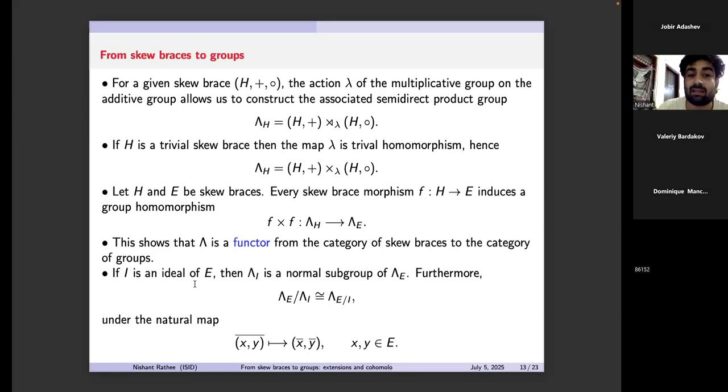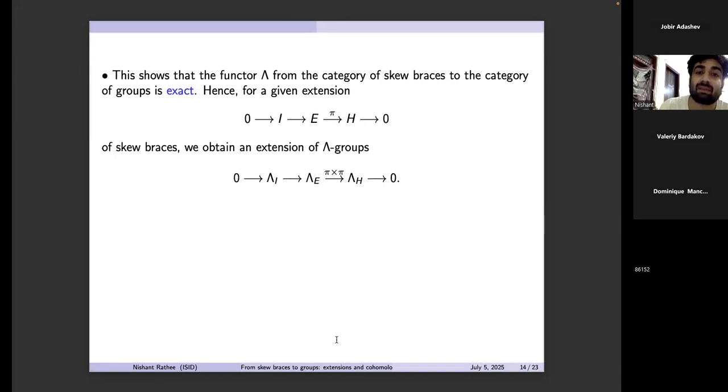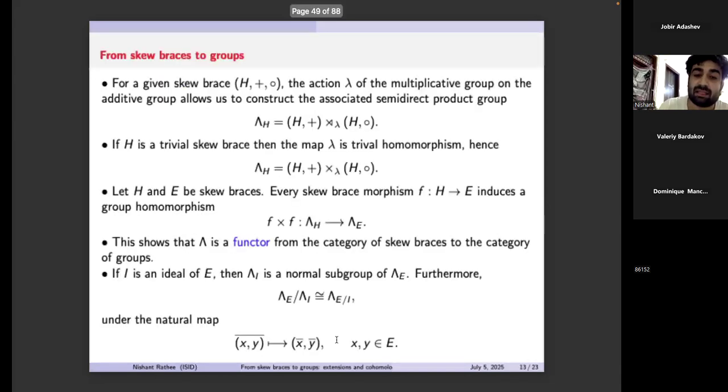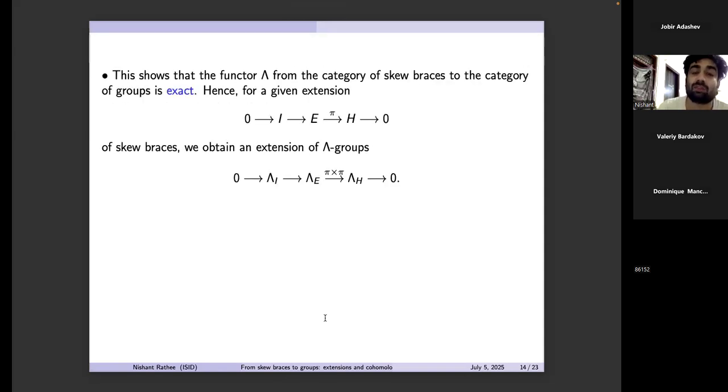So if we have an ideal of E, then the corresponding lambda group will be a normal subgroup of lambda E. Furthermore, you can see that this quotient will be isomorphic to lambda of E by I under the natural map (x, y) bar going to (x bar, y bar). So this tells that this functor is actually exact, like an exact functor is one which maps short exact sequences to short exact sequences.